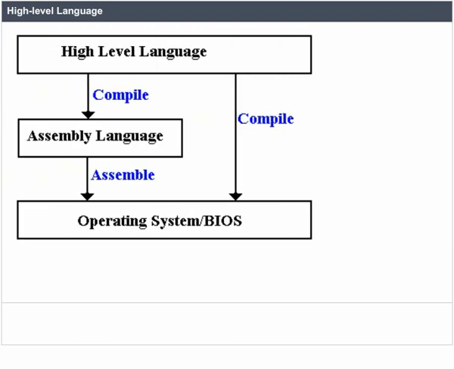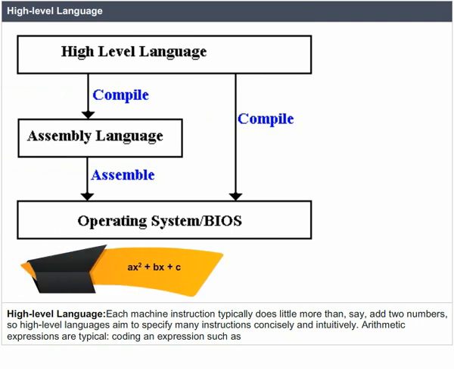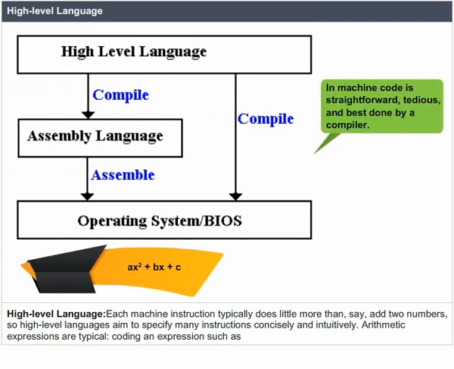High-level language. Each machine instruction typically does little more than, say, add two numbers. So high-level languages aim to specify many instructions concisely and intuitively. Arithmetic expressions are typical. Coding an expression such as ax² + bx + c in machine code is straightforward, tedious, and best done by a compiler.